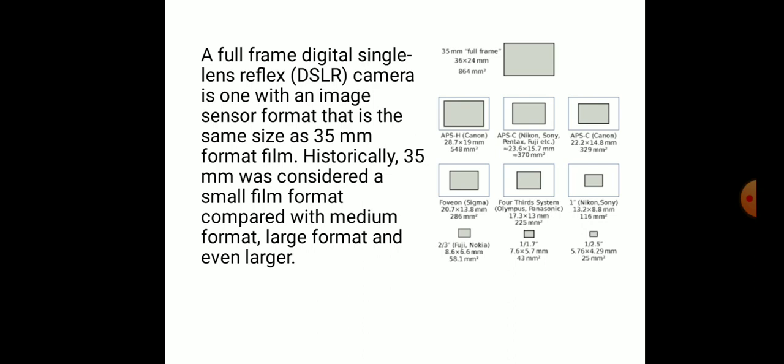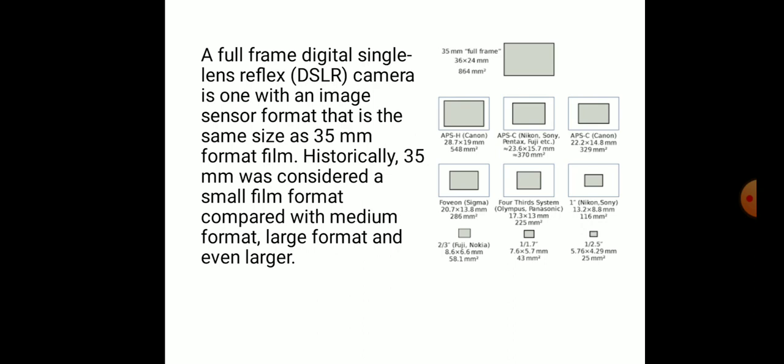In this slide we will be having a discussion over the sensor, which is a film sensor placed on the other side of a lens. What is the size of that sensor? In a full frame digital single lens reflex DSLR camera, you will be finding a sensor of 35 mm, so we can call it a 35 format film.